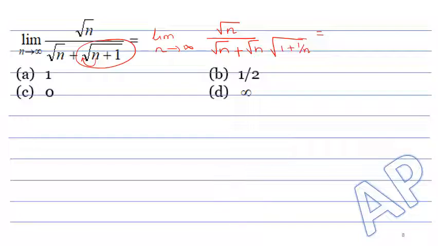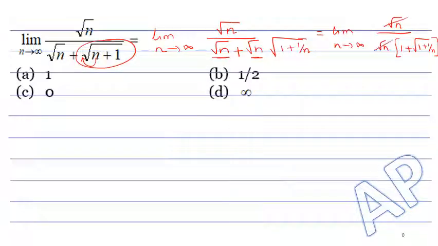This is nothing but the limit as n tends to infinity of root n divided by, taking root n common in the denominator, root n into 1 plus root of 1 plus 1 by n.